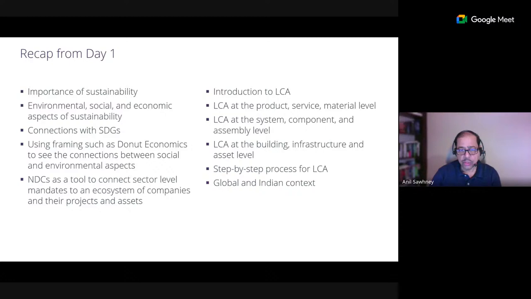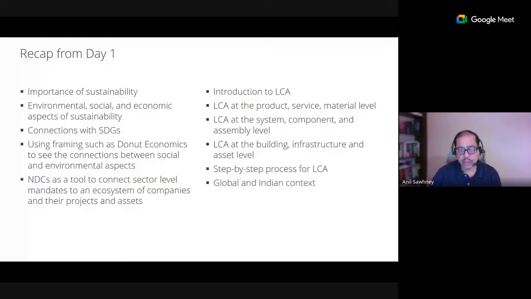We also looked at LCA at the system component and assembly level. And then finally, we talked about whole building infrastructure and asset level LCA also. We briefly described the step-by-step process for LCAs, and I gave you global context of how LCAs are conducted globally.